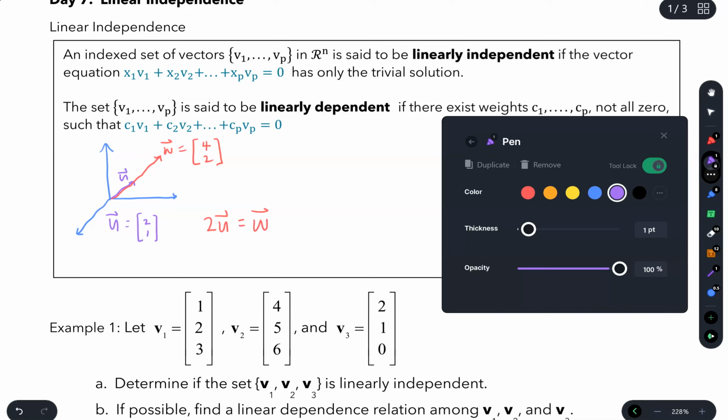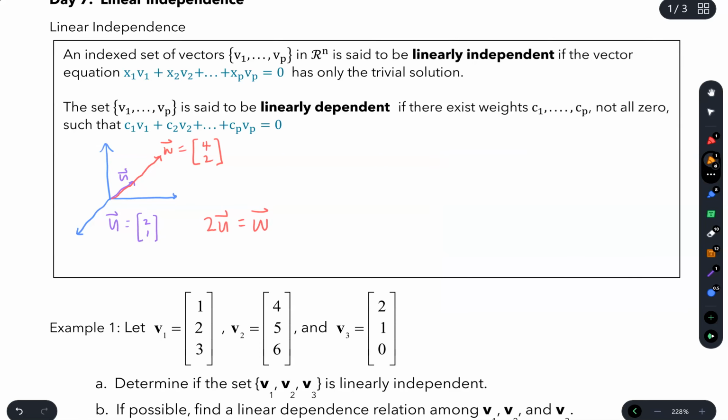Well, what if I then created some other vector v down here? Let's call it 6, 3. Actually, let's call it 6, 2.